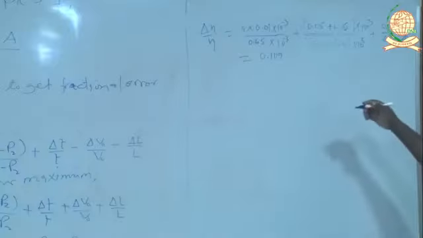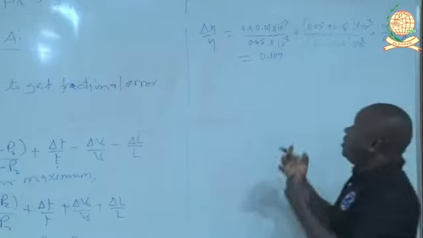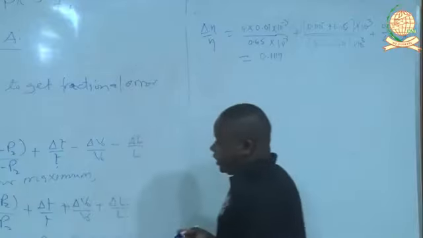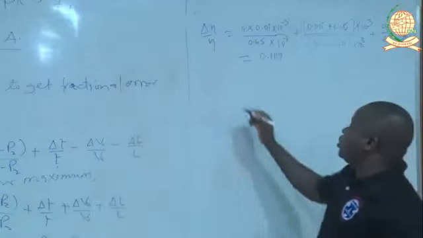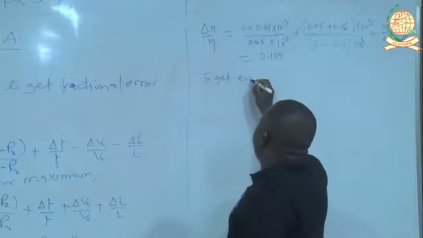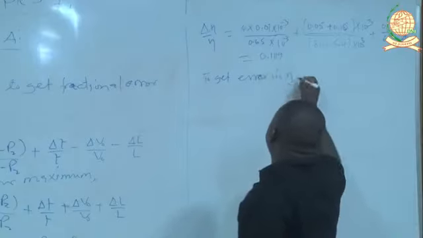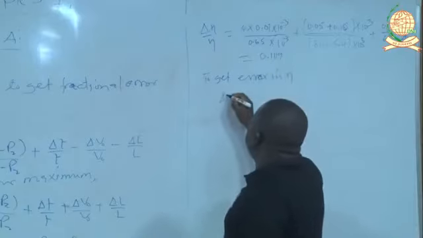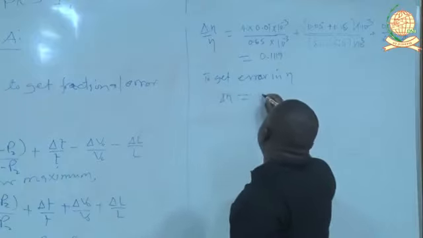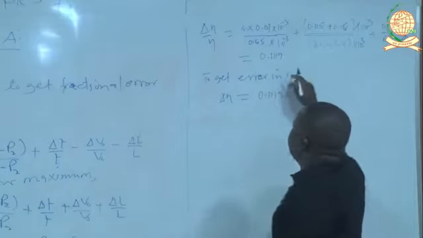So this is a fraction error, and remember, a fraction error has no unit because it's just a ratio of two quantities of the same units. But the question is, what is the error? So to get the error in eta, which is the change in eta, this is the same as taking this number times eta.